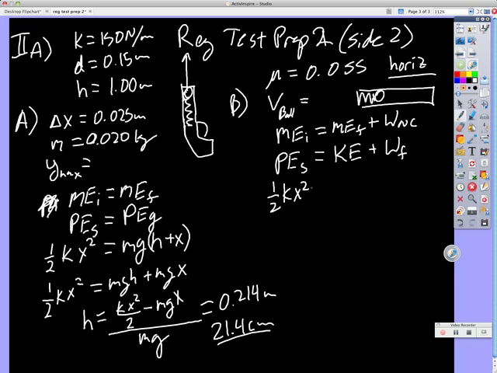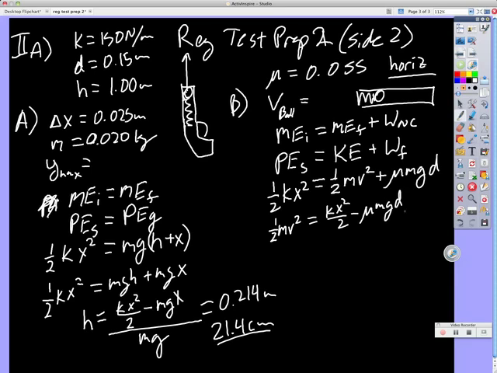So we're going to say 1/2 mv squared is equal to kx squared over 2 minus mu mgd. And so then we get v is equal to the square root of kx squared over m minus 2 mu gd.